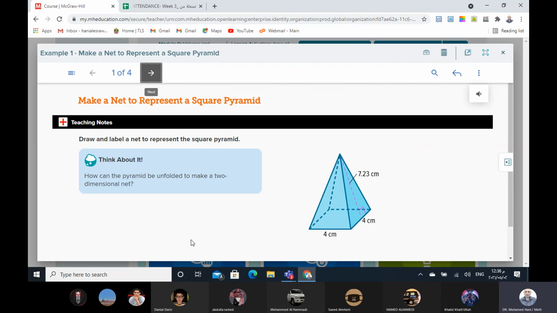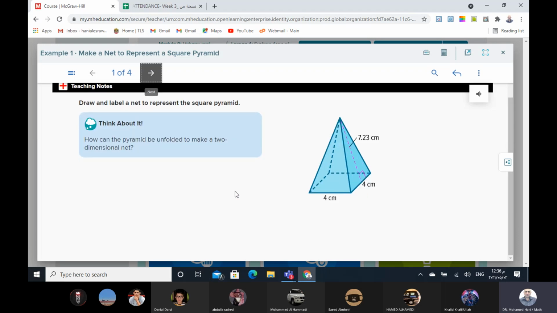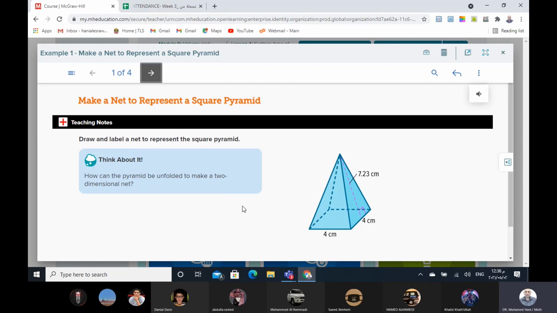Make a net to represent a square pyramid. Draw and label a net to represent the square pyramid. As you see here, we have the pyramid. Here down we have the base. The type of this base is square. In this square, the sides will be 4, 4, 4, and 4, which means we have a regular polygon.